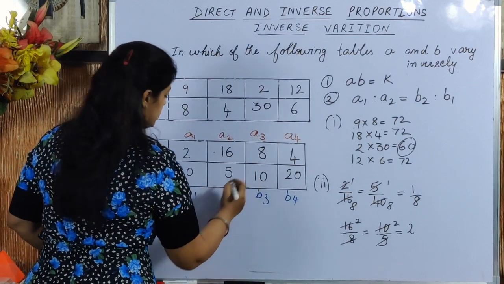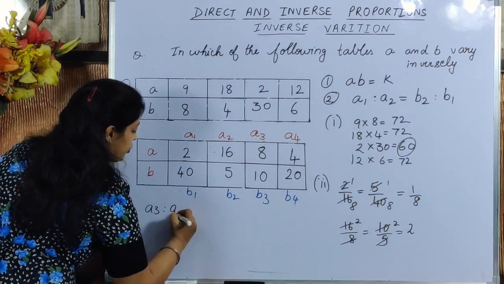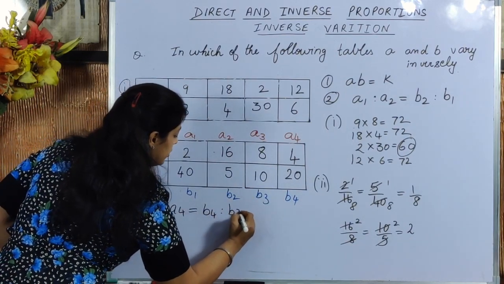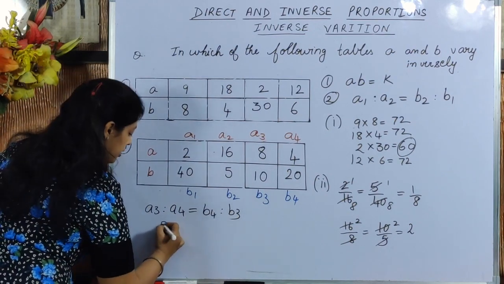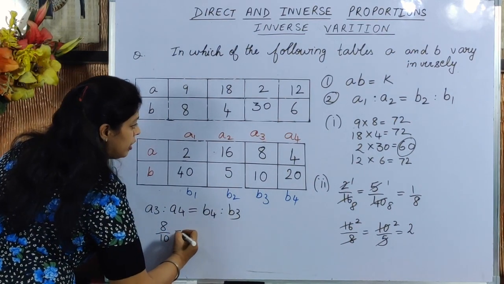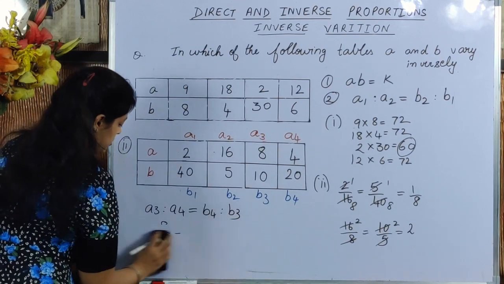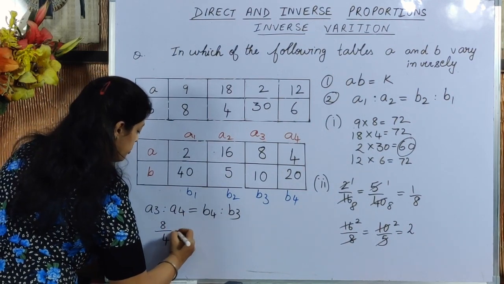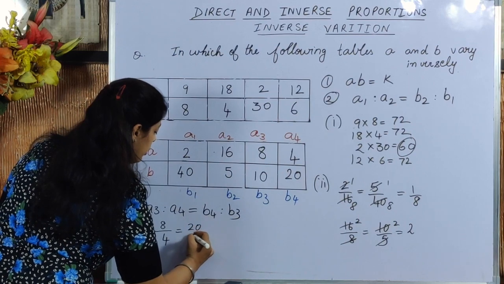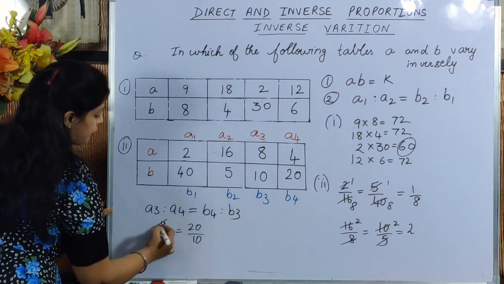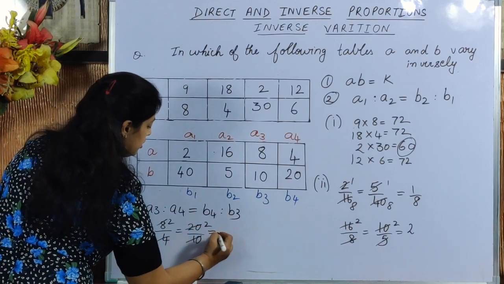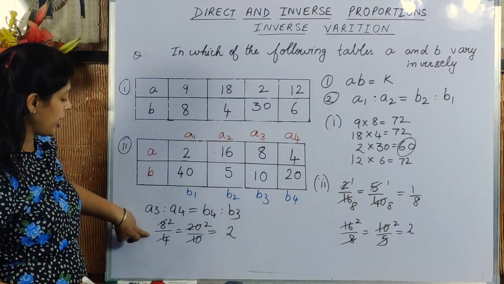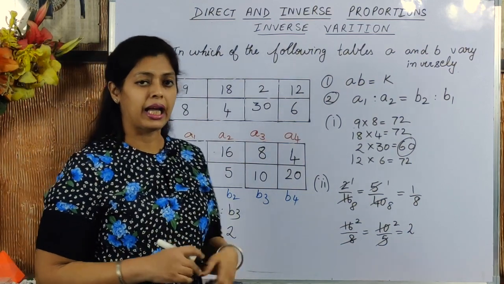Now the third set of values, that is A3 to A4, should be equal to the inverse, B4 to B3. A3 is 8 upon 4 should be equal to 20 upon 10. So 4 ones are 4, 4 twos are 8; 10 ones are 10, 10 twos are 20. Both the ratios are equal to 2. All the sets of ratios of A and B are equal, so I can say that this table shows an inverse variation.